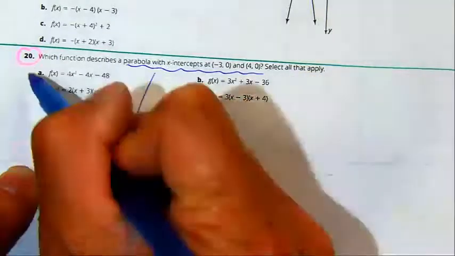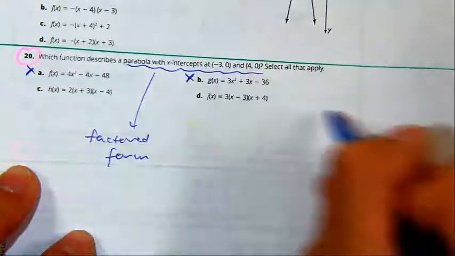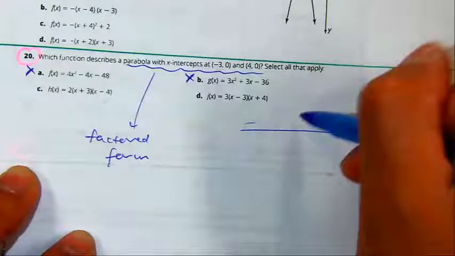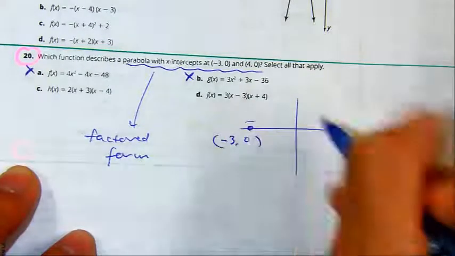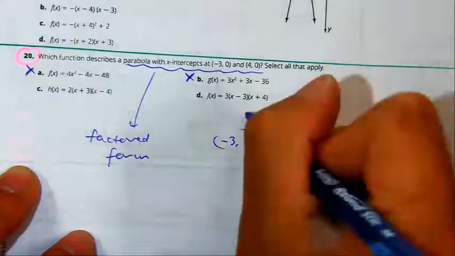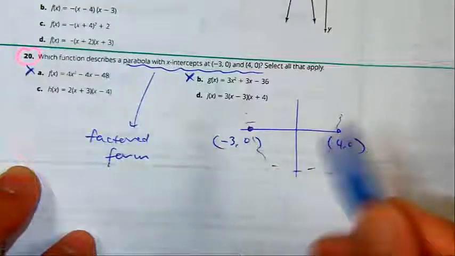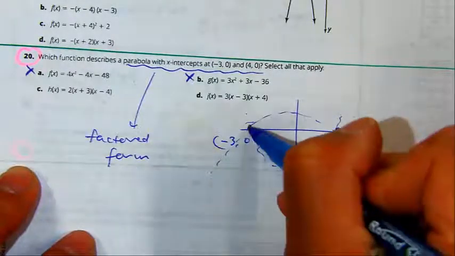So I don't see A and B. Let's give myself a graph, quick visual. I have negative 3, 0, and right 4, 0. Now I'm not sure if the graph actually opens up or opens down. All I know is that they go through these two points.